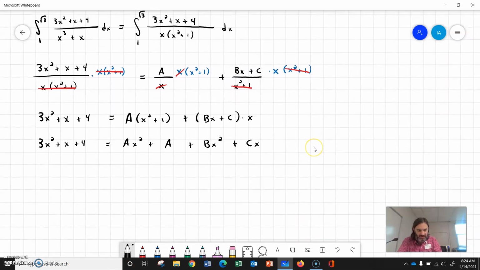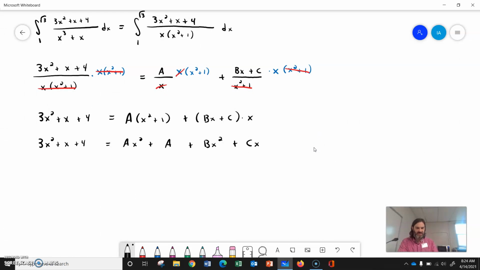Okay, so here, let's see what we can do. Let's compare terms. For the x squared terms, on the left I have 3 of those, and on the right I have A plus B of them. So we can compare these, and that gives us one equation.